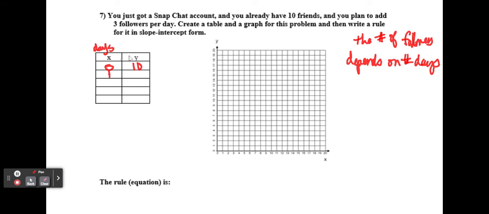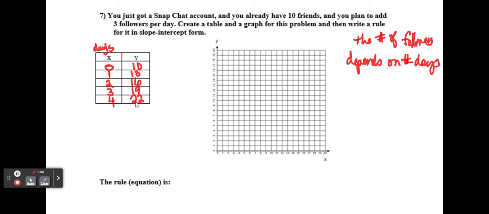So after day 1, I'm going to have those 10 I started with plus 3 more. And after day 2, I'm going to have those 13, but then I'm going to add 3 more. And day 3, I'm going to have those 16 and I'm going to add 3 more. And day 4, I'm going to add 3 more.